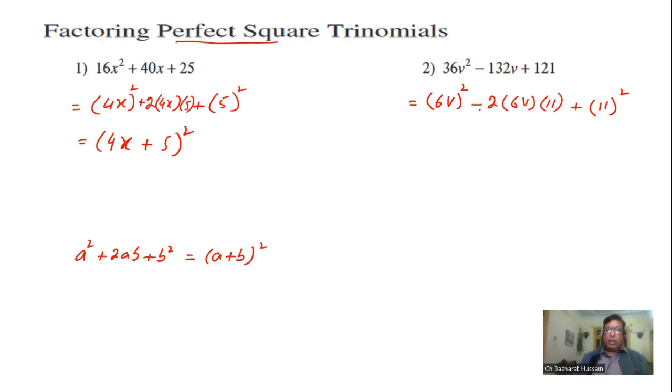So here we use the second identity, a square minus 2ab, where the middle term is negative. When the middle term is negative, we write this as a minus b whole square. So this is 6v minus 11 whole square. When the middle term is minus, we use the minus sign here, and when the middle term is plus, we use the plus sign, okay?